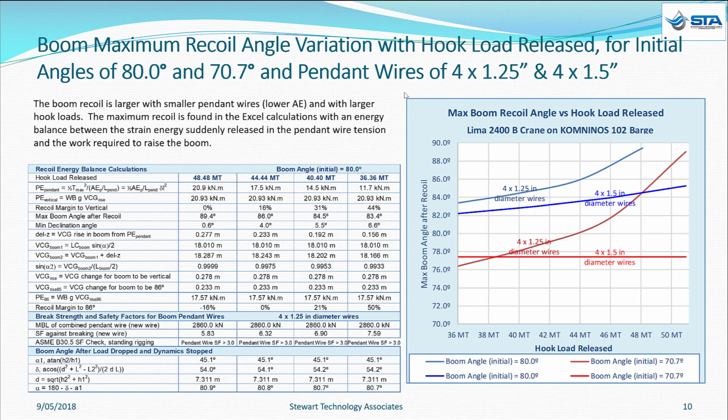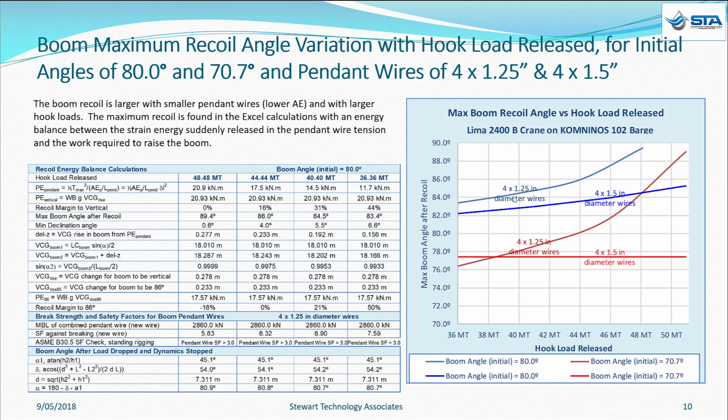Now the boom recoil angle variation with different hook loads dropped. We can set up Excel to look at a range of hook loads, with reasons behind these odd numbers, and we can see how the different hook load will result in a different angle of the boom after recoil.